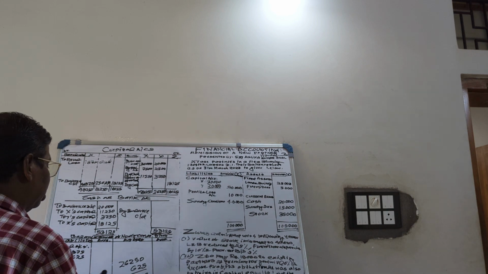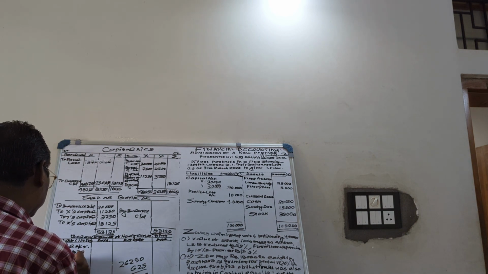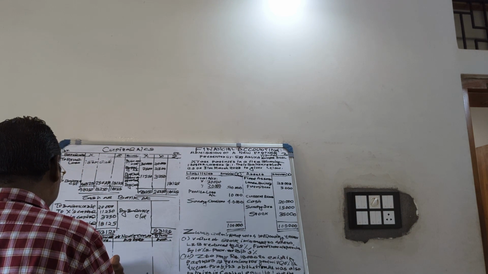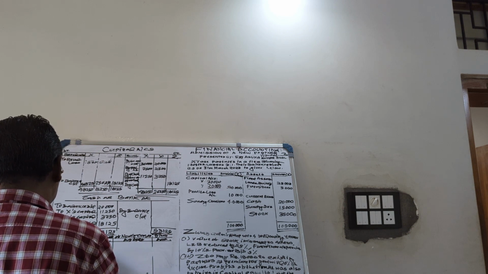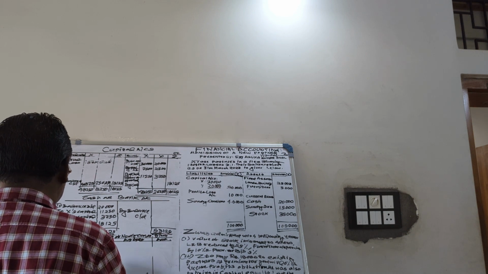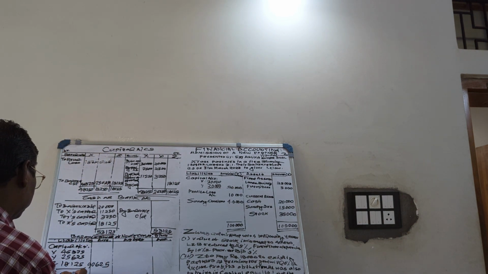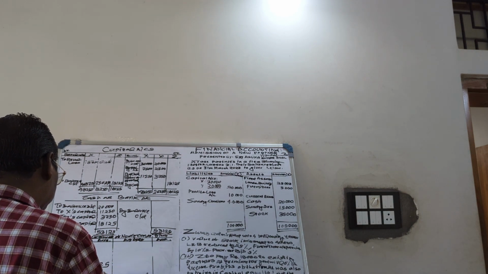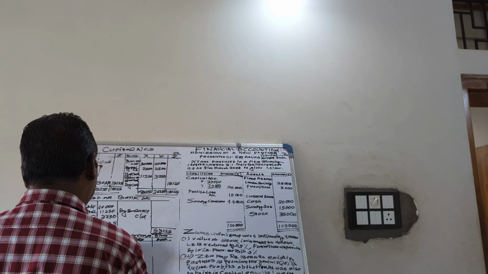Then Z is the amount is 18,125. So total is 90,625. Then sundry creditor is 40,000. So liability side total is 130,625.